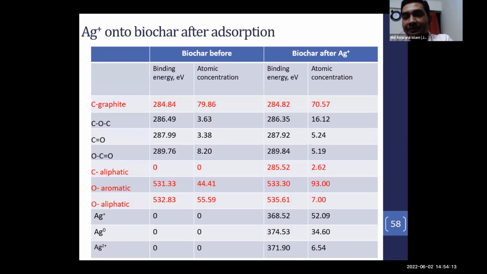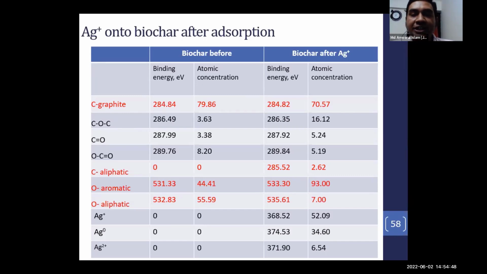After adsorption, we can see silver ion as well as silver nanoparticles, the silver 0 oxidation state, and also the silver 2+ oxidation state. This indicates we used silver ion, but it transformed into metallic silver, which is the 0 oxidation state, and also the 2+ oxidation form. So we can clearly see the chemical transformation of silver ion.